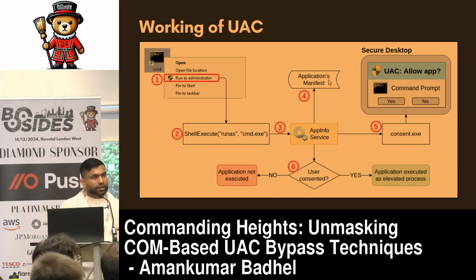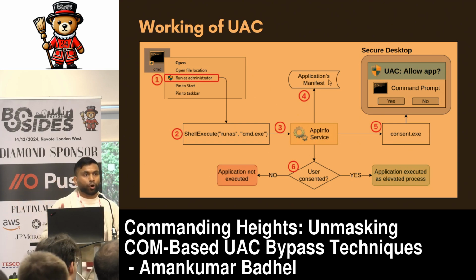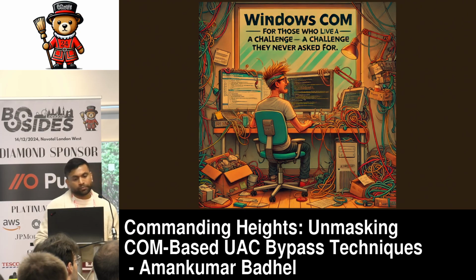This request is then forwarded to the Application Information service, where the application manifest would verify if cmd.exe has auto-elevation enabled by default. If not, then this request is forwarded to consent.exe, where the user gets a UAC prompt on a secure desktop. Based on the user's input, cmd.exe is then launched with a higher integrity level.